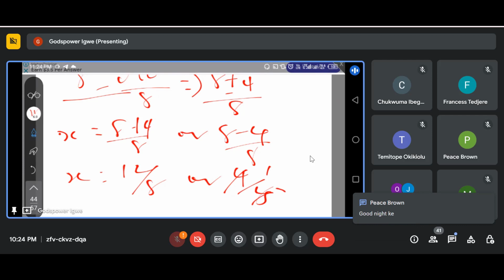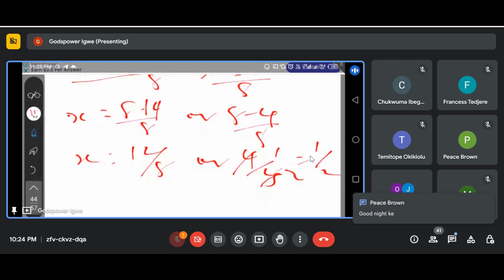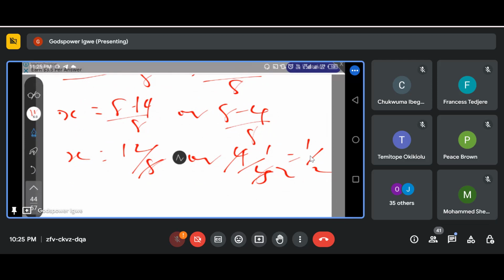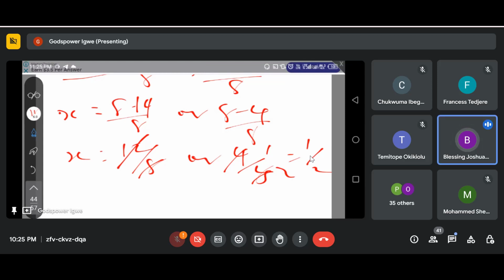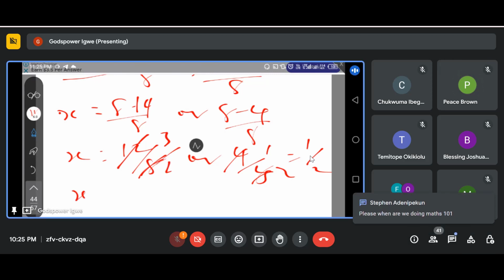Dividing by 4, 12 over 8 is 3 over 2, and 4 over 8 is half. So x is equal to 3 over 2 or 1 over 2.